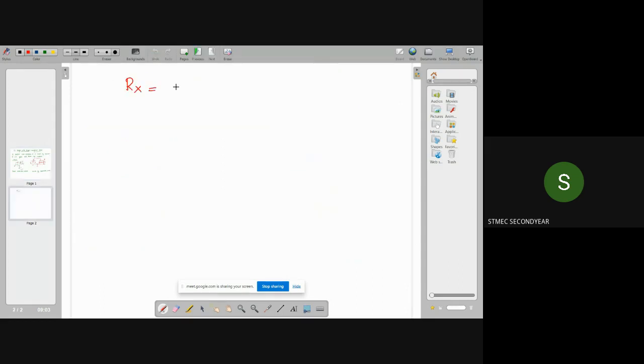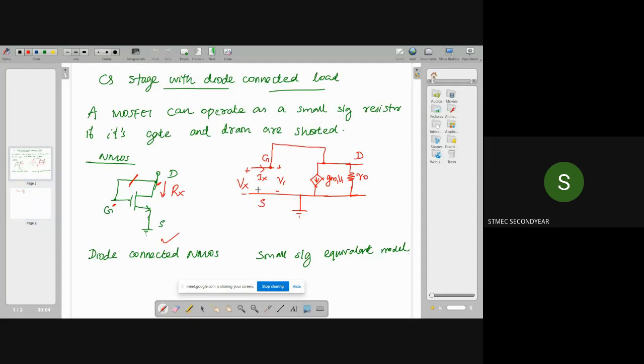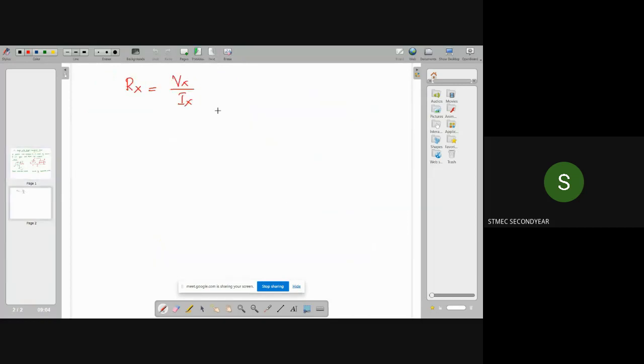This Rx can be found by calculating Vx divided by Ix, where Vx is the voltage applied to the input terminal and Ix is the current flowing due to this voltage. So we have Rx equal to Vx by Ix.